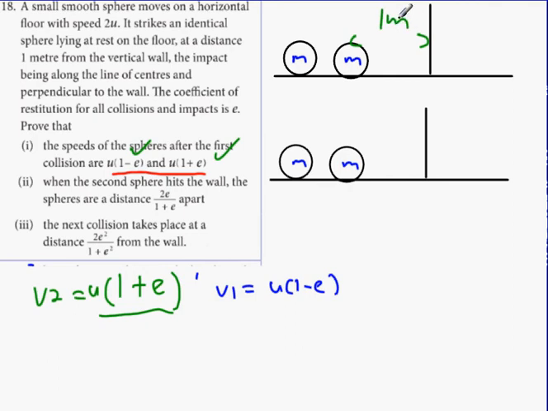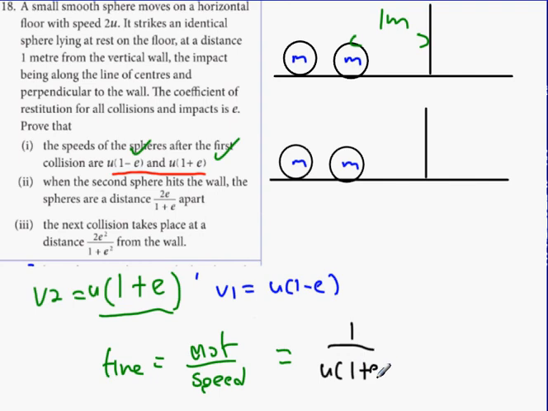So we're going to have to find the time it takes for that to happen. Time equals distance over speed. Therefore, it's going to be 1 meter divided by u times 1 plus E. And once that happens, you're going to be actually at the wall.